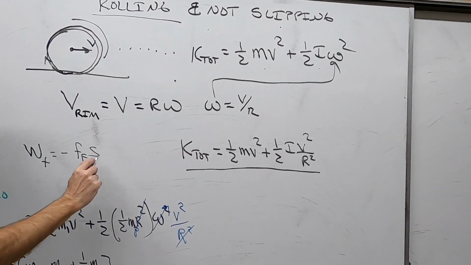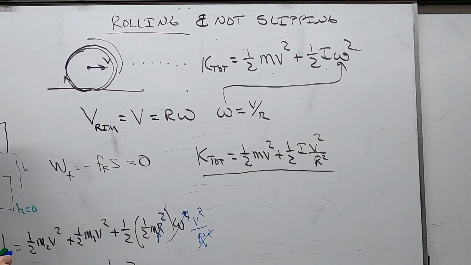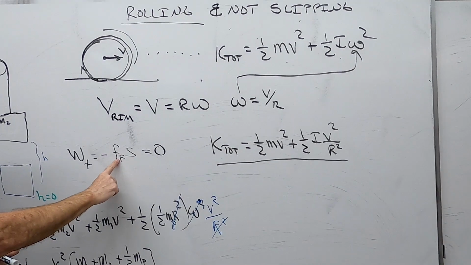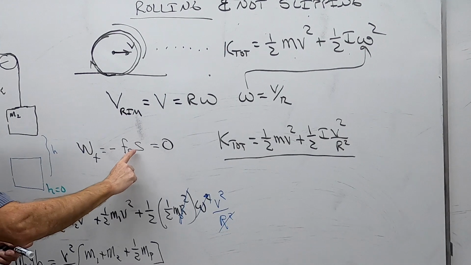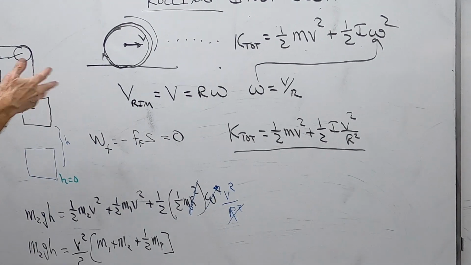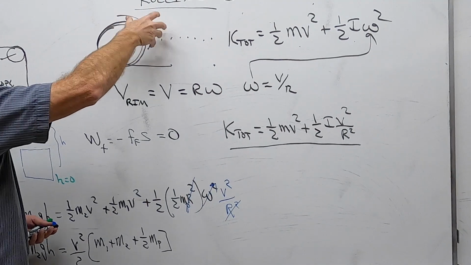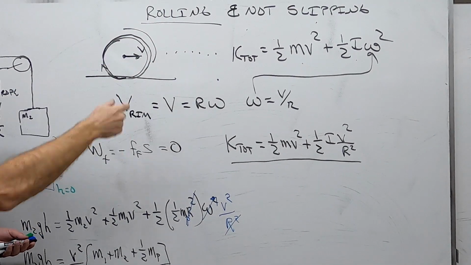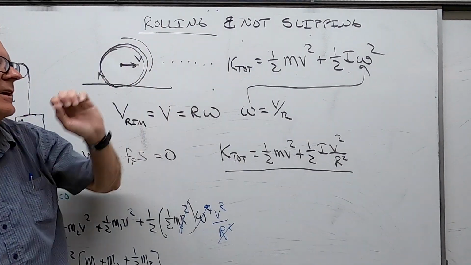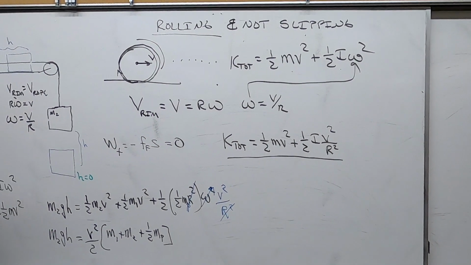So the work due to friction is always going to be 0 because you're not slipping. The S is 0. The friction is non-zero because you do have friction. If this thing were slipping, there has to be friction right there, otherwise it would just slide along. At least to get it going, there had to be friction.